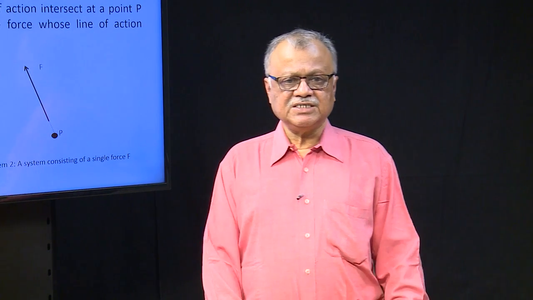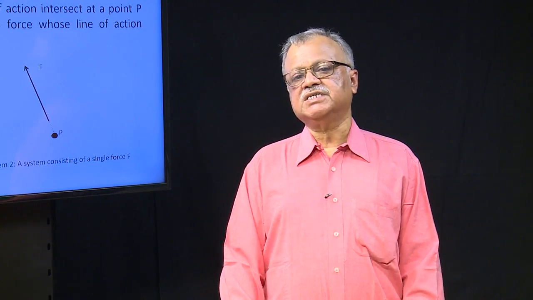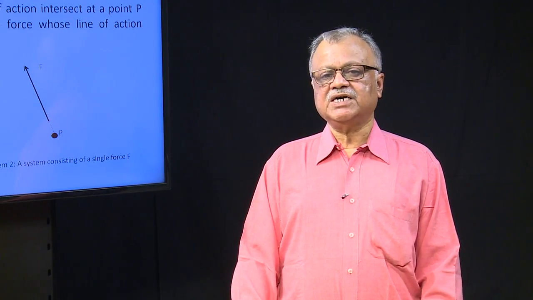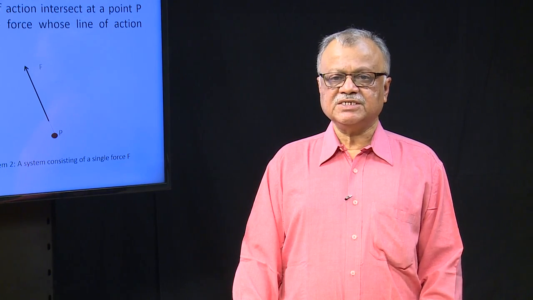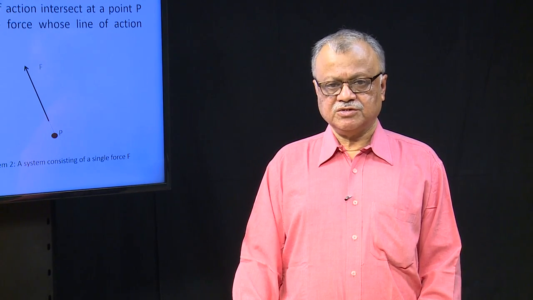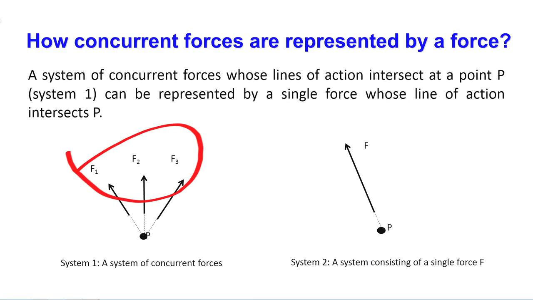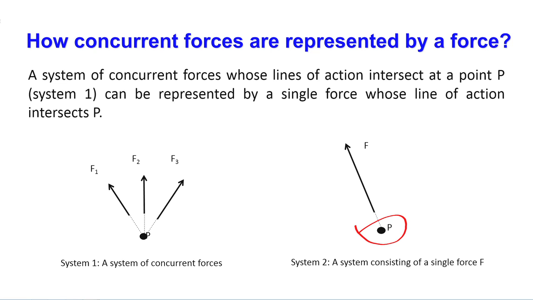Now, another case is when concurrent forces are there. Can we represent the concurrent forces by a single force? Here F1, F2, F3, all these forces are working; they are concurrent, passing through a single point. Can we represent them by a single force F which also passes through that same point? What will be the condition?